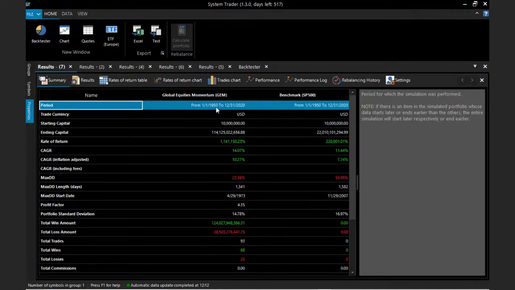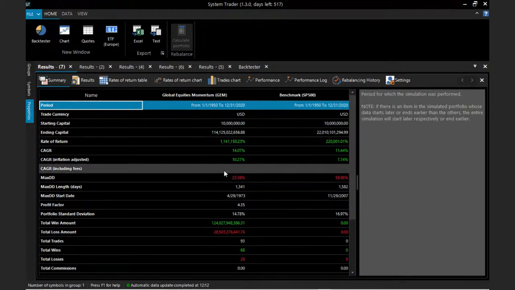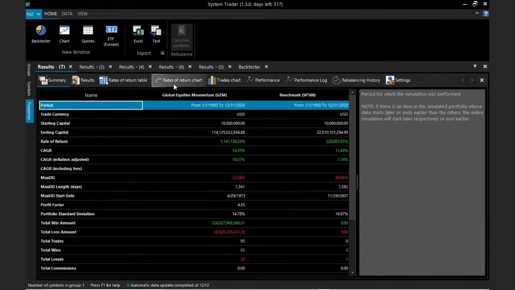But if you went back further in history, the result would be a bit less positive, as you can see here, but still this strategy is beating the market for the last even 100 years. And it's very simple to use on a daily basis, because you only spend a few minutes per month to see if you have to do anything in your portfolio. There's a short video on my YouTube channel where I describe that strategy, so I encourage you to see it.